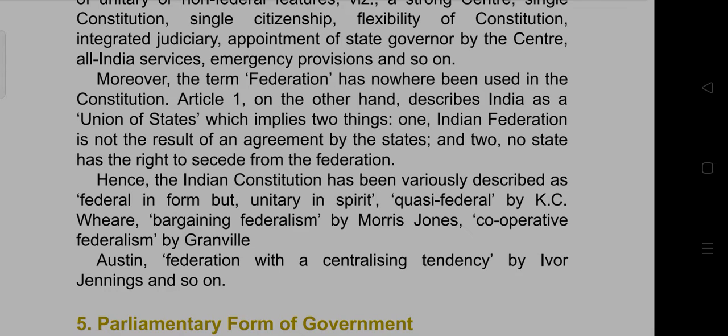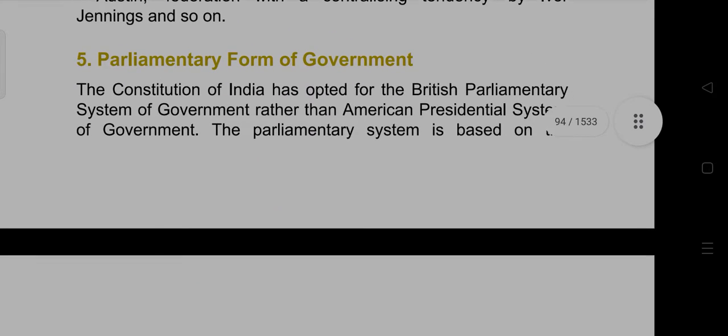Hence, the Indian Constitution has been variously described as federal in form but unitary in spirit, quasi-federal by K.C. Wheare, bargaining federalism by Morris Jones, cooperative federalism by Granville Austin, federation with centralizing tendencies by Ivor Jennings, and so on.